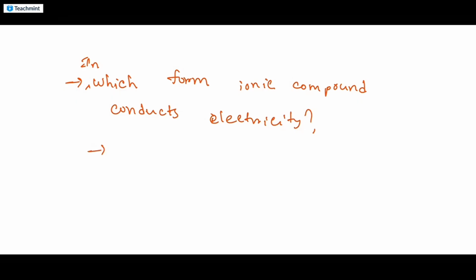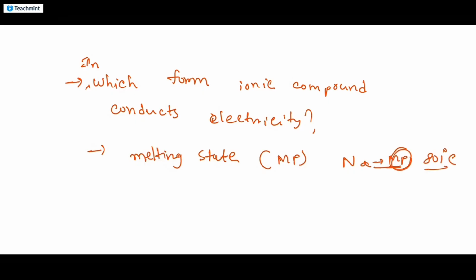The answer is close to fluid, but not actually fluid. It's not totally fluid, but it's the melting state. You saw earlier for sodium chloride, the melting point 801 degrees Celsius, and if it starts melting, it will conduct electricity, not in solid state. That's an important question.